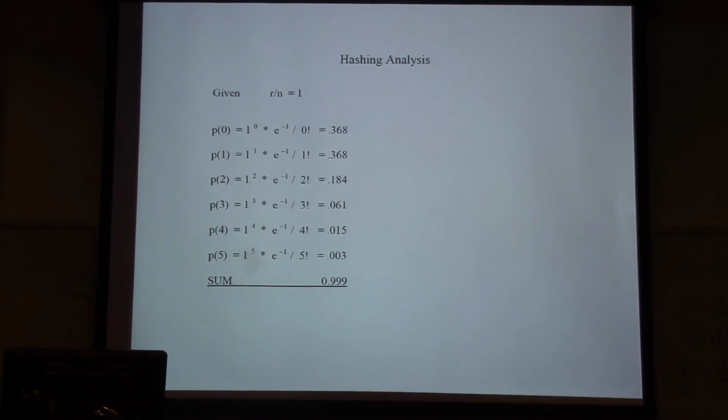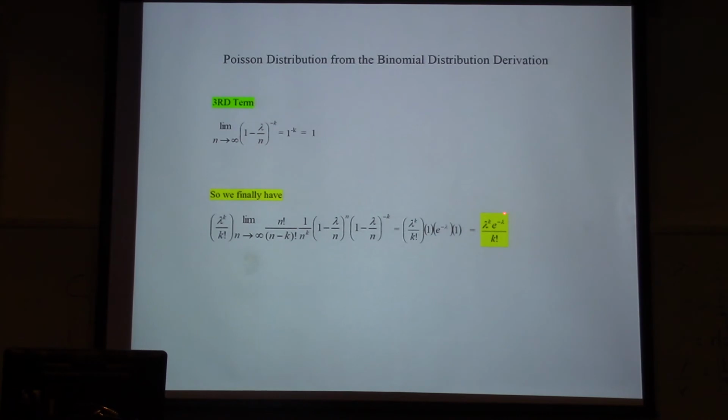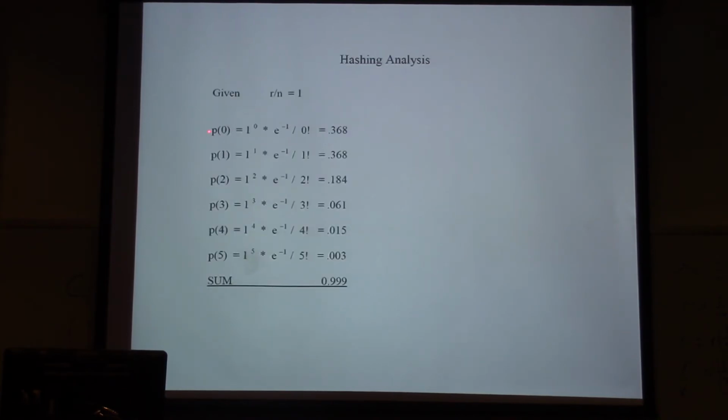So in that case, this is e to the minus 1 and 1 to the k. And k is the number of successes, meaning hashing to that slot. So the probability that k is 0 or x is 0 is lambda to the x, e to the minus lambda, over x factorial.